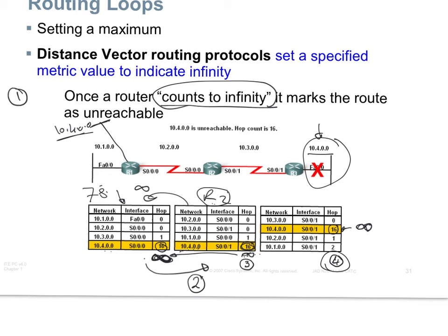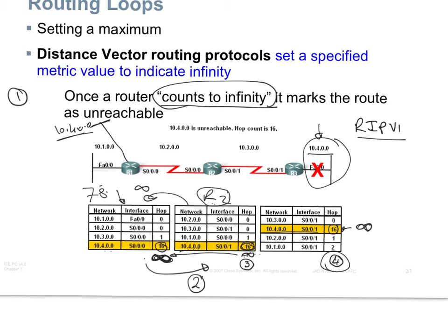But so what happens is that RIP version 1 uses that technique because, remember, if this route is infinity, routing loops will not happen.